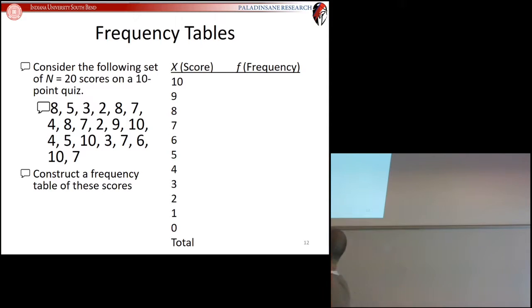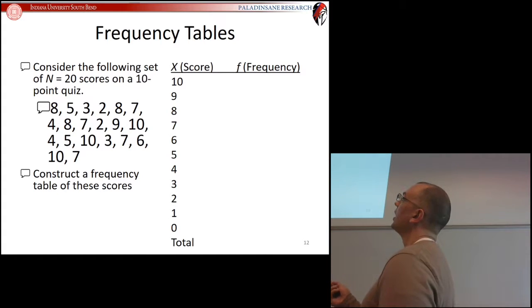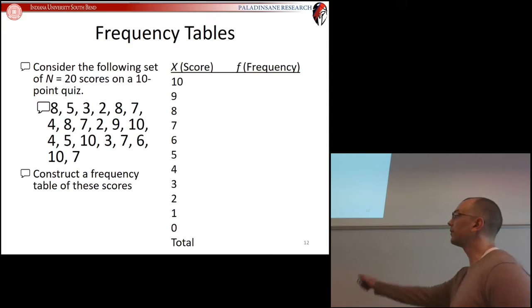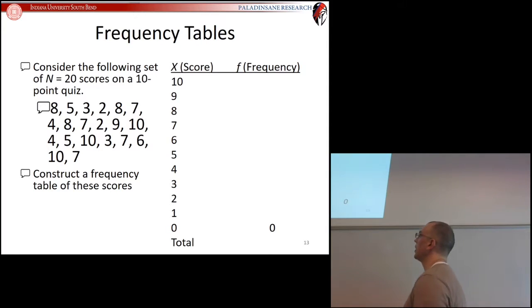So for a possible score of 0, you would go through these 20 scores and you would say, nope, nobody scored a 0. So the frequency column gets a 0. 0 people got a score of 0. You would do the same thing for a score of 1, and you would find out that 0 people got a score of 1.